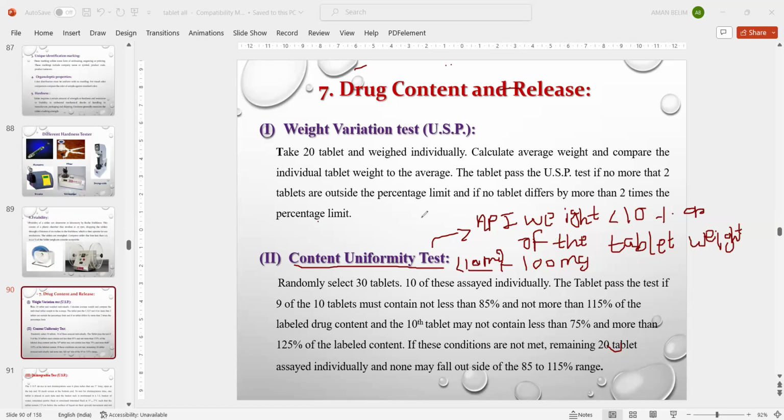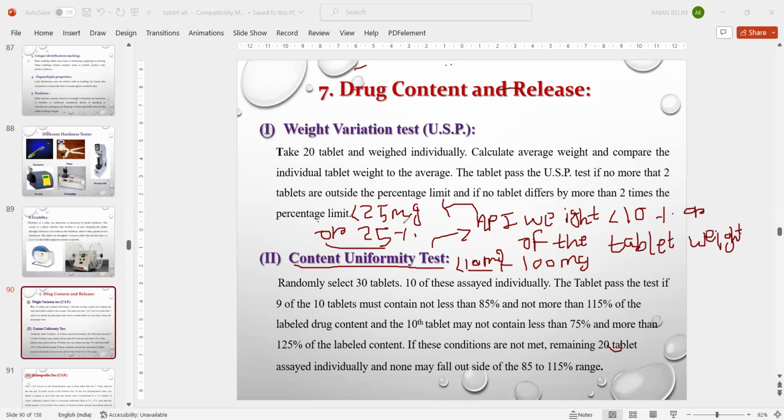And also the same if the weight of the API is less than 25 mg or 25%; this is also covered under the content uniformity test. For this kind of API also, you have to perform the content uniformity test, right?